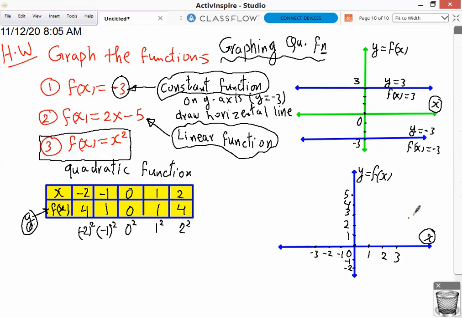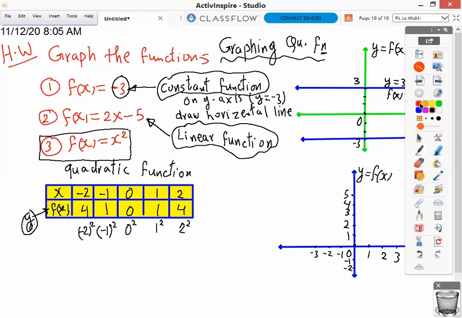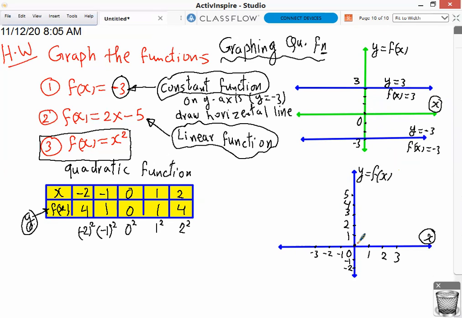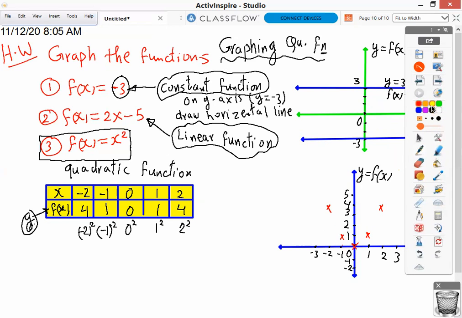Then how many points do we have here? 5 points. Then here is what? 0, 0, 1, 1, 2, 4. What about the other side? -1, 1, -2, 4. Then join. Will it be a line or a curve? Curve. Very good. Then just join them.